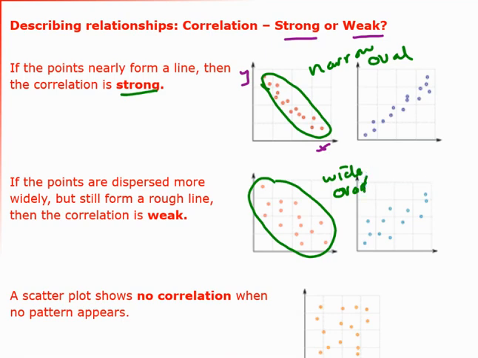So if we see wide ovals, then it's weak. This is narrow. This one's narrow also. So it's a strong correlation. If this is a wide oval, then it's a weaker correlation. There's still a correlation. You still see the trend going in this direction. Sort of see this trend going up in this direction.